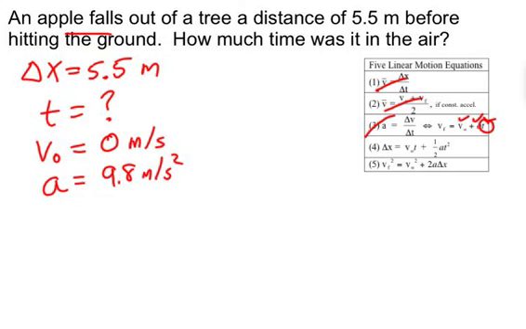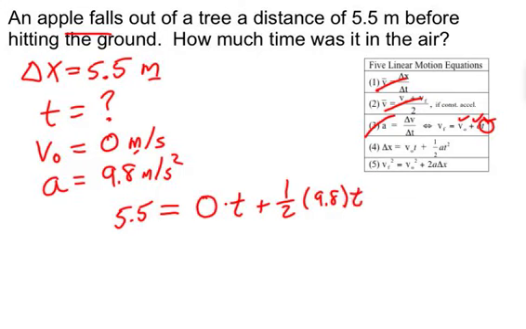So I'll plug in the numbers. Delta x is 5.5. And again, just a quick unit check. These are all in meters or meters per second or seconds squared. These will cancel, so I will get rid of the units to make it a little easier to see. So delta x, 5.5, equals V naught, 0, times t, plus 1/2 a, which is 9.8, times t squared.